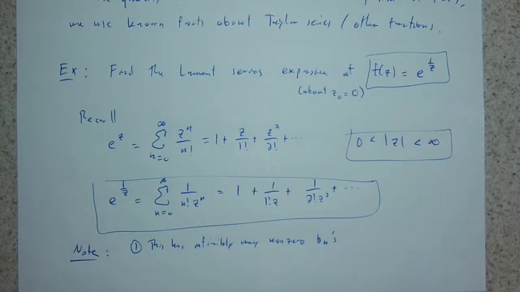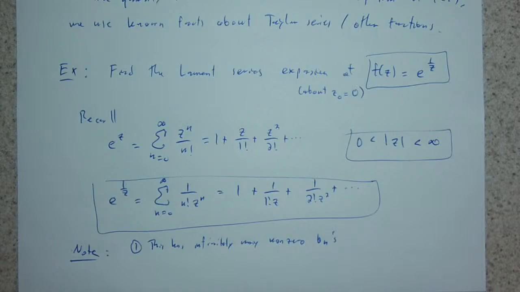Having infinitely many non-zero coefficients on these negative powers is a really naughty thing. This is a bad property that a function can have. What it means is that it's a type of singularity where the behavior of the function is not predictable near a singularity like this.